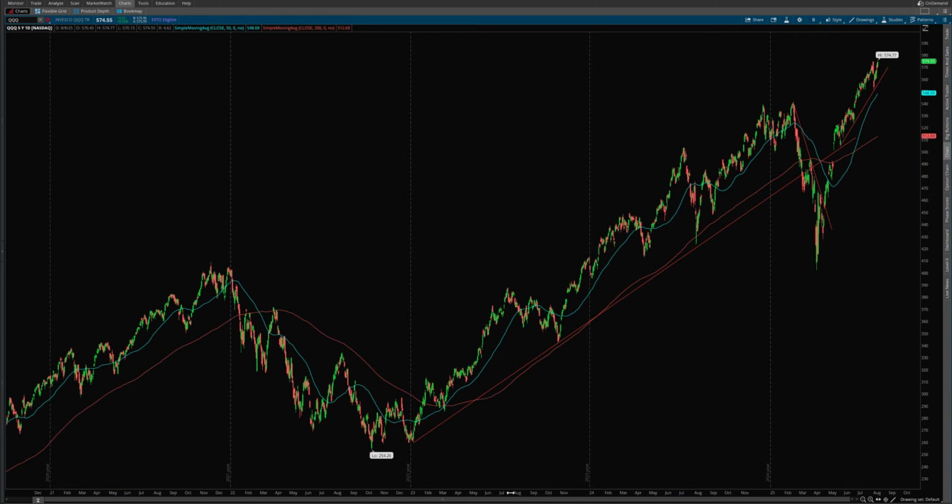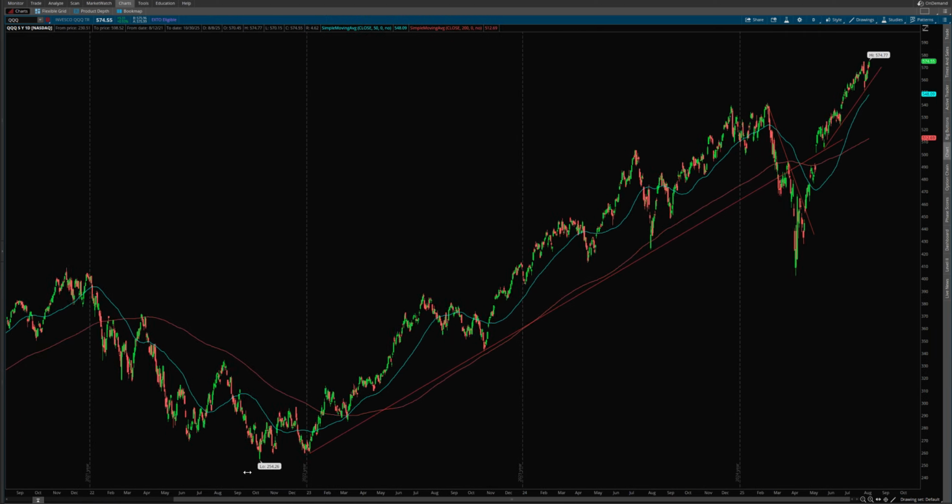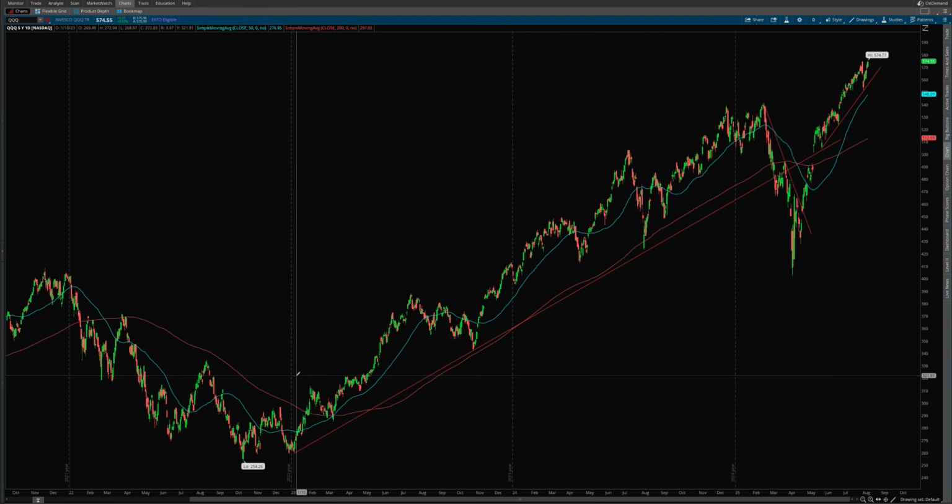So the best way that we can define that this is a solid uptrend is, obviously, the highs are gradually getting higher and the lows are gradually getting higher as well.